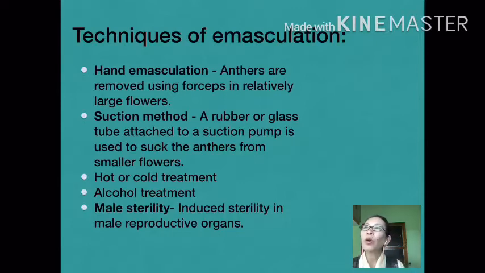Anthers may also be killed by giving hot water or cold treatments. Dipping anthers in alcohol is yet another technique to remove them. And the most effective method is inducing male sterility in the plants.